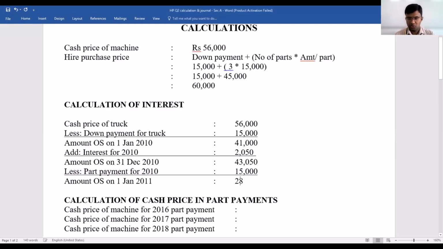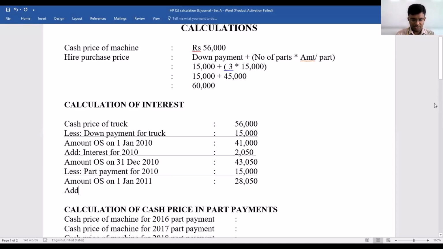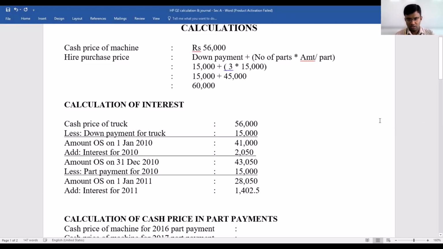So this will be 28,050. Now to this, we have to add interest for 2011. So this will work out to be 1,402.